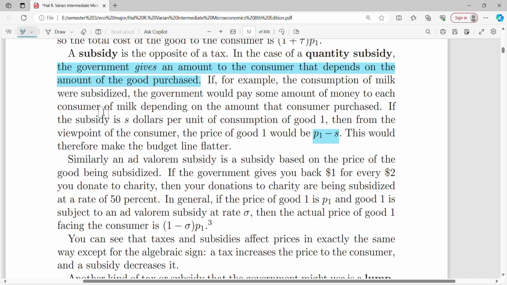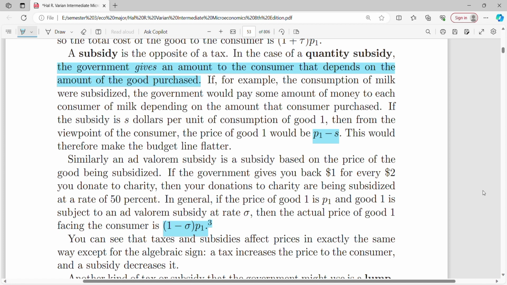The same applies here. The only difference is that that particular amount is reduced from the goods price. So here we can consider the example of cloth itself.